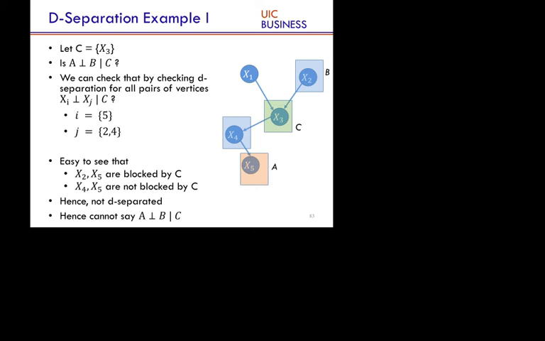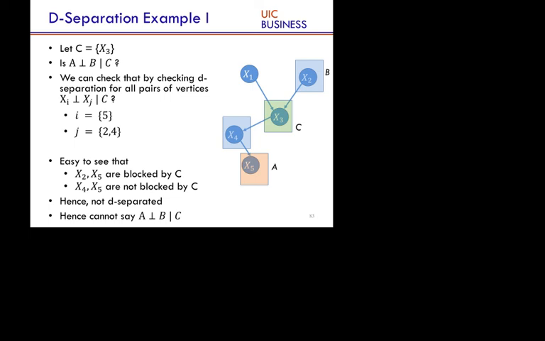So it's easy to see that x2 and x5 are blocked by C, because if you look at the path from 2 to 5, there is a C in between, and it has a head-to-tail relationship, so conditioned on C, this path is blocked. That much we know, right?